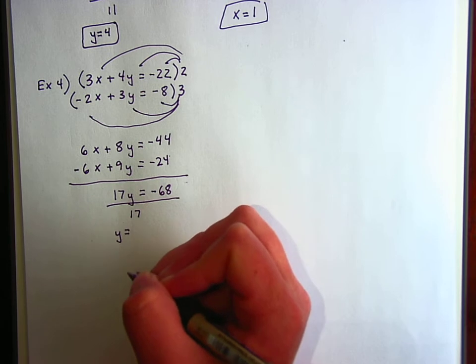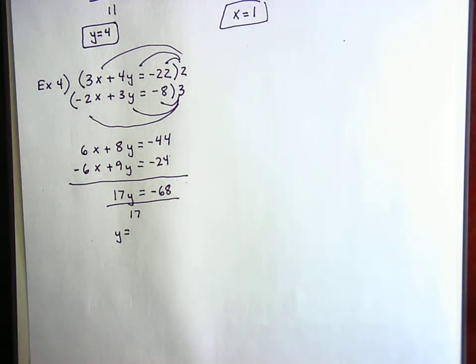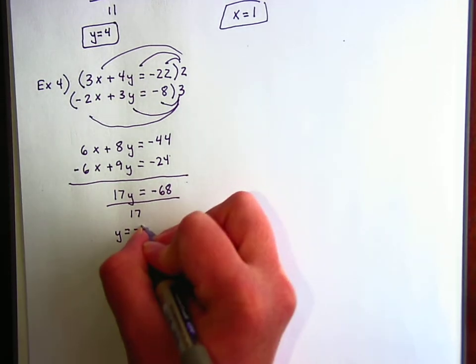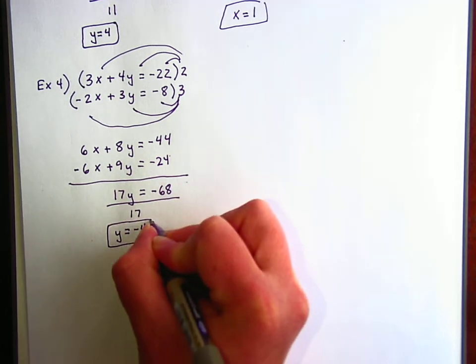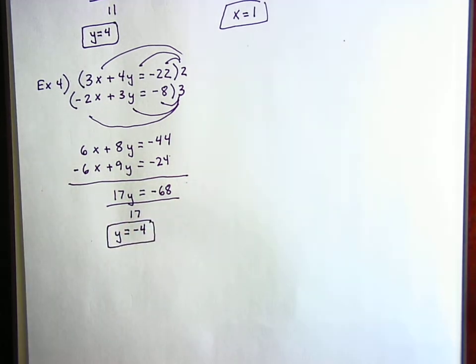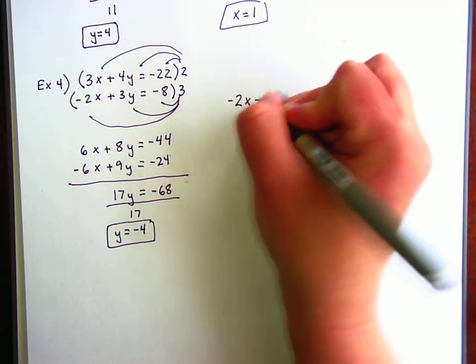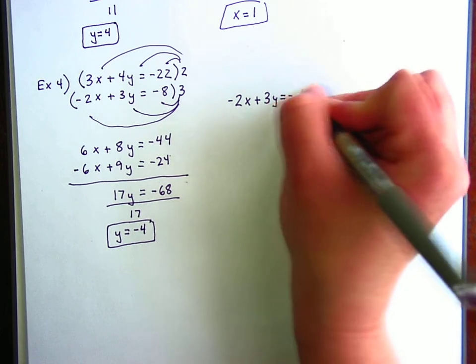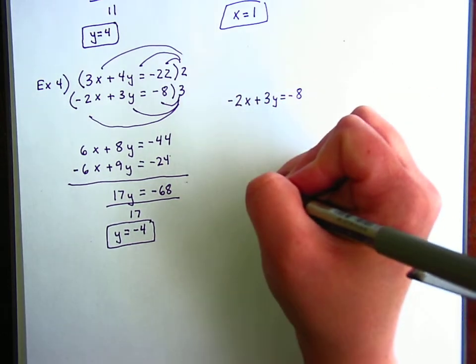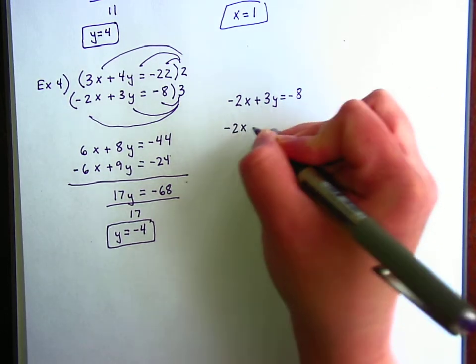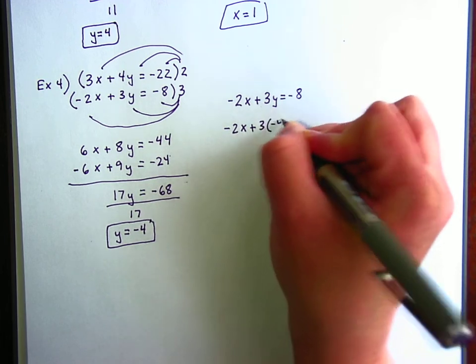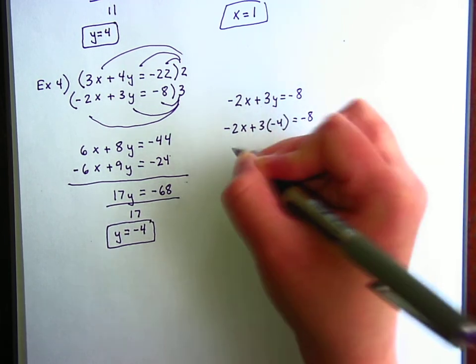All right. So if you take negative 68 and you divide by 17, you get negative 4. And then I've got to pick one of the top 2 equations to plug that back into. So I think I'll pick the bottom one. So that's negative 2x plus 3y equals negative 8. And then I'll plug in negative 4 for y, so that's negative 2x plus 3 times negative 4 equals negative 8.